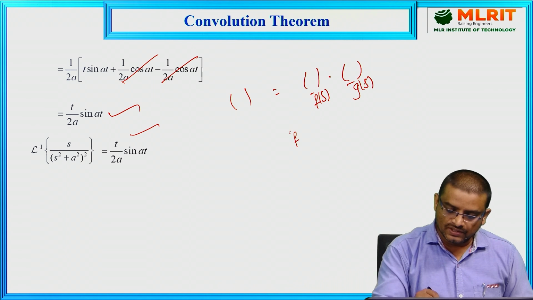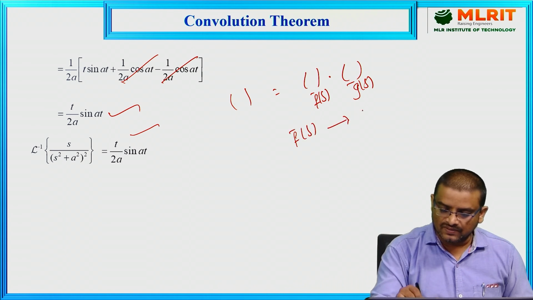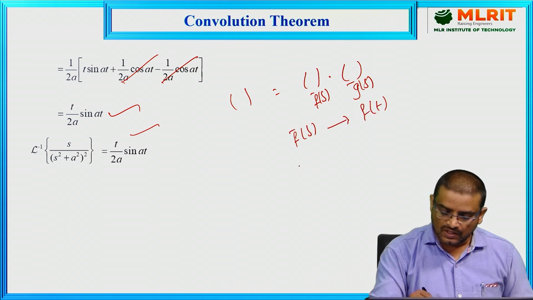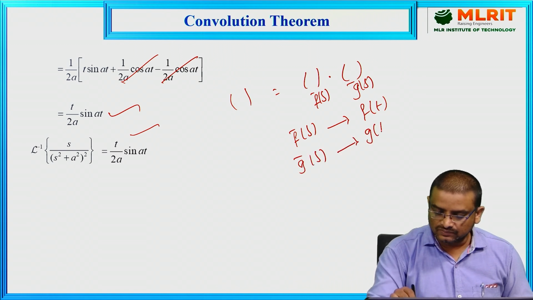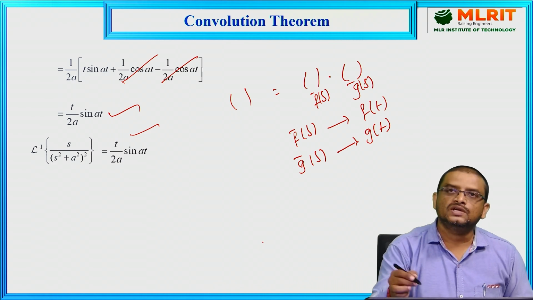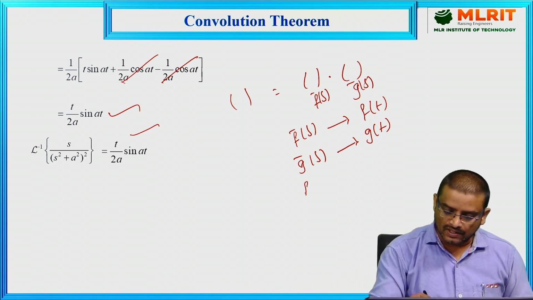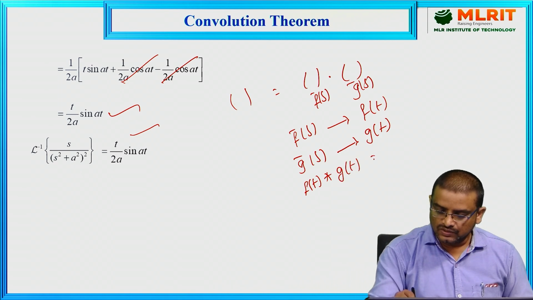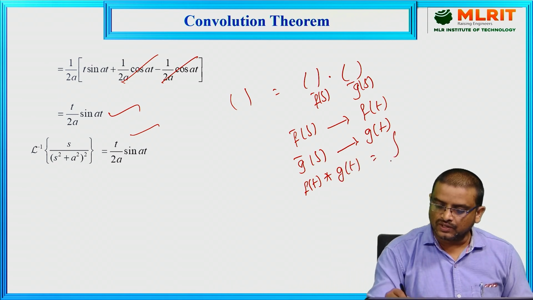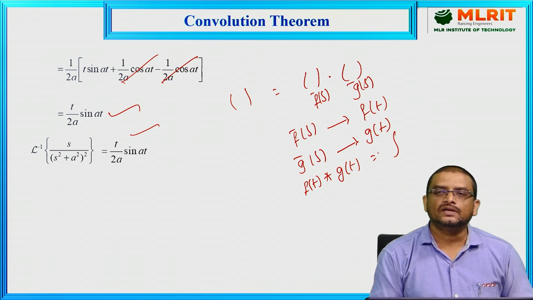By using this f bar of s, get the value of f of t, and by using this g bar of s, get the value of g of t. Then use the convolution theorem, apply the convolution product of f of t star g of t. Use the definition of convolution product and then evaluate that integral. We can get our required value here.